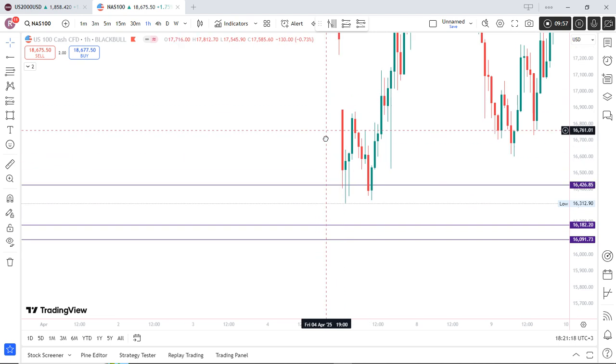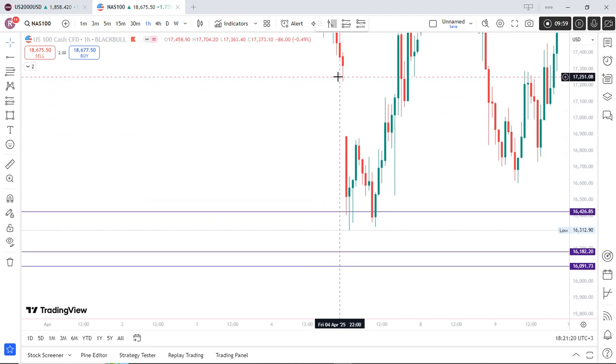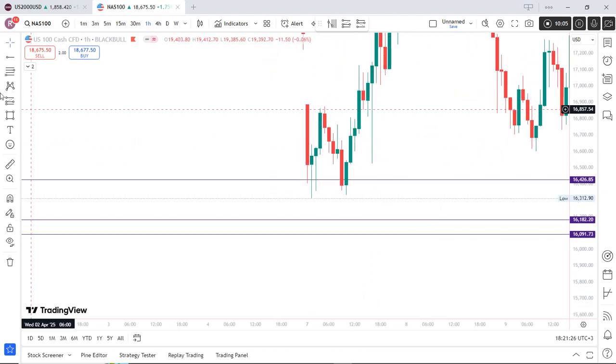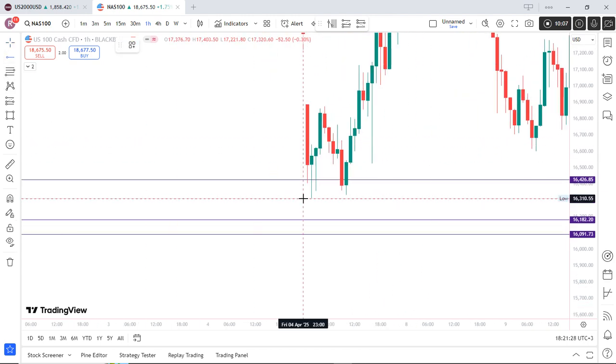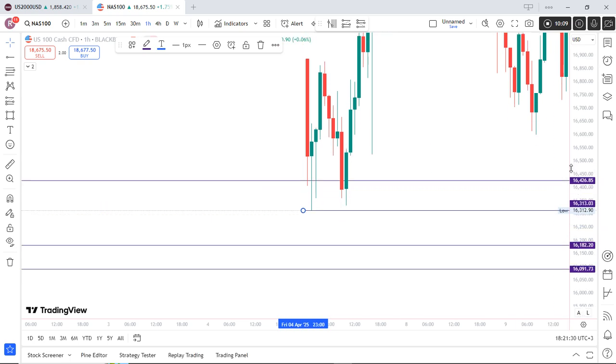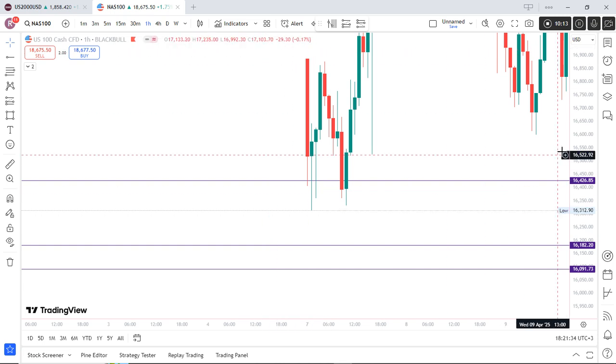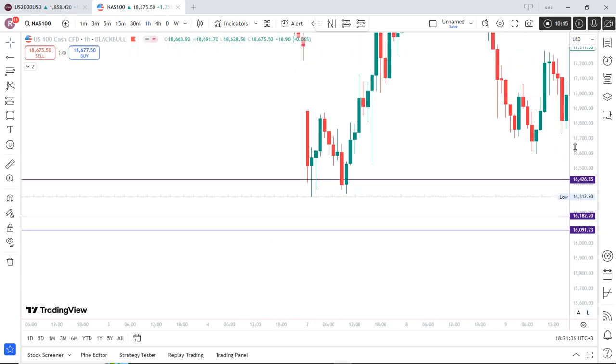We gapped down, and price started rejecting it. And even after rejecting it, we never came back to violate this low. We never came back to violate it. Meaning that because we had hit a higher time frame liquidity point.